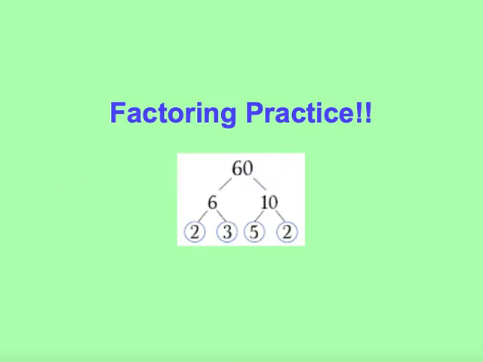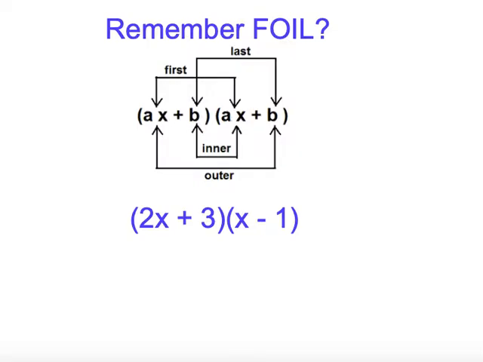Now first, when you started in Algebra 1, you learned a concept that was called foiling. We said that word a lot, FOIL, where the FOIL stood for finding the firsts, the outers, the inners, and lasts. But why did we FOIL?